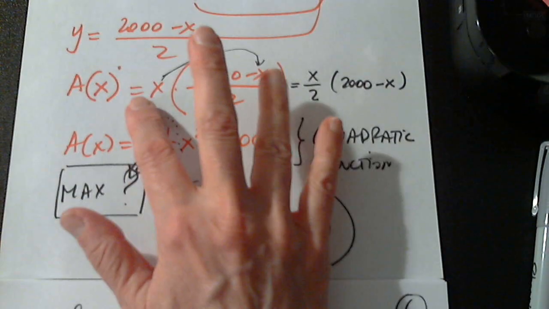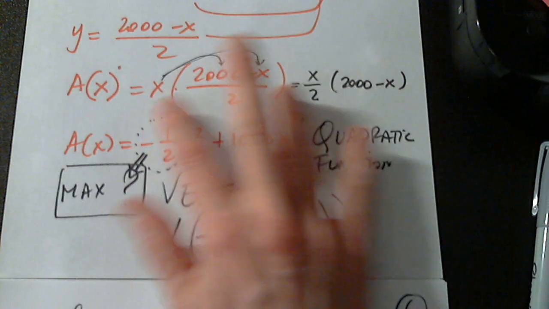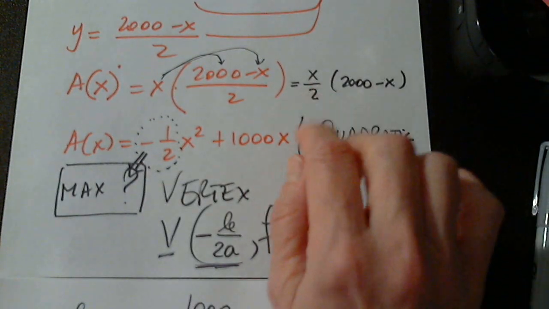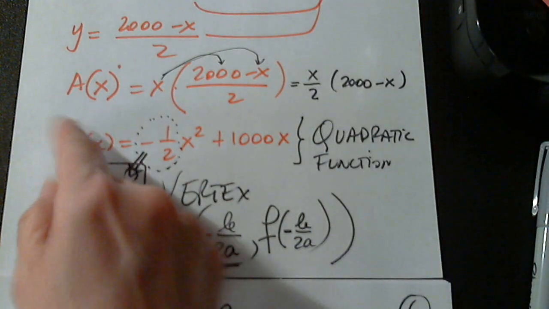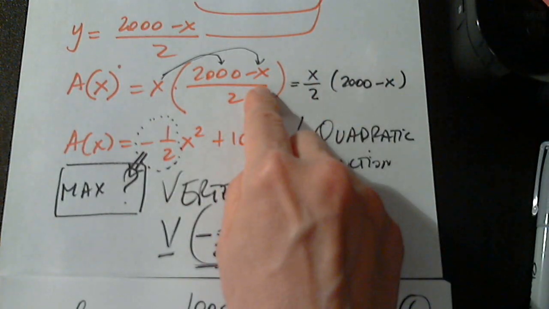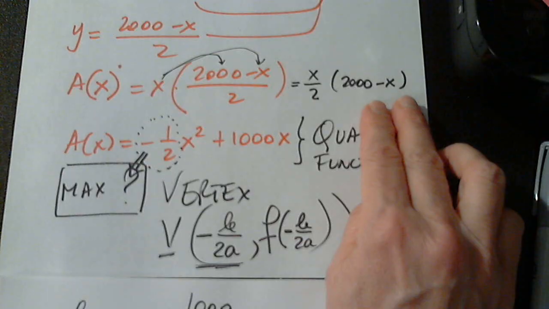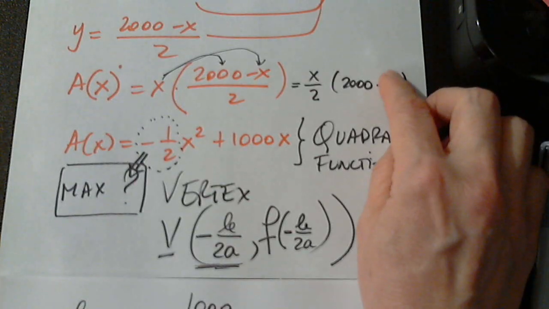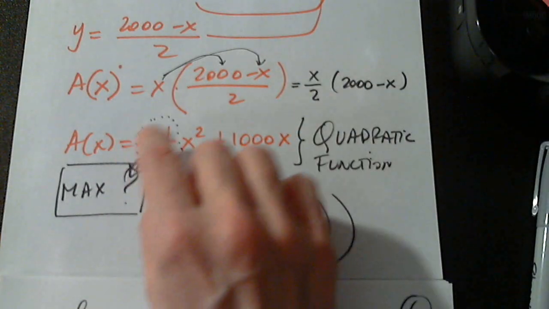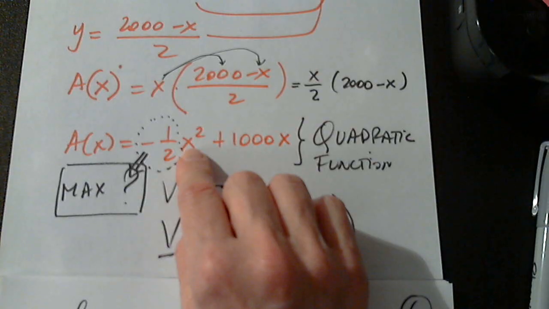Yes. So now, is this step clear? x over 2 outside, and in parentheses 2,000 minus x. Is this okay? Yes. Then x over 2 times negative x is negative 1/2 x squared.